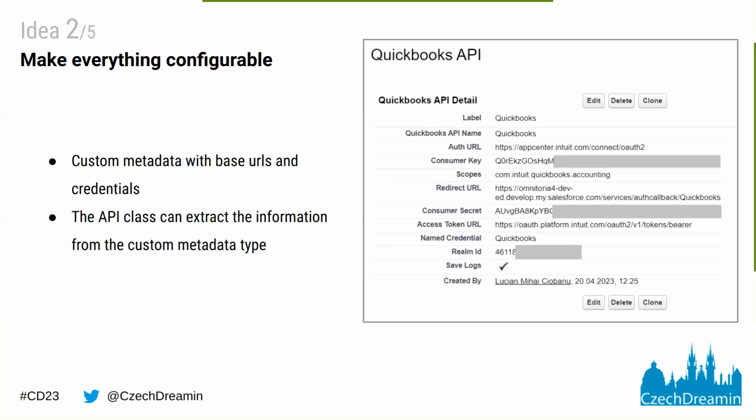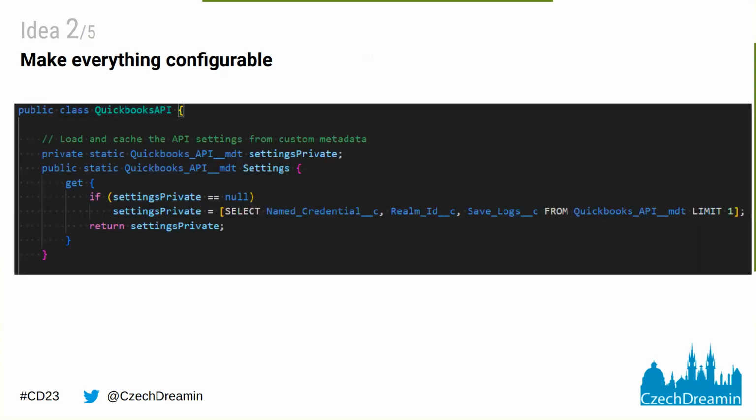So it's a good idea to have the custom metadata or the custom setting that holds that information, and the code will just use that. And this is a sample from the QuickBooks API class that I've built. You notice we'll have a settings property, which all it does is query that data from the QuickBooks API metadata.